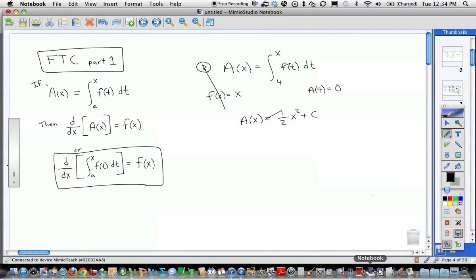You see an area function, it means antiderivative of whatever little f is in here, and this left endpoint gives you that initial condition, which of course we know helps us find what c is. So in this problem, we would plug a 4 in for x, set that equal to 0, that'd give us 8 plus c equals 0, so c equals negative 8. So our area function is 1/2 x squared minus 8. So that's how I want you to be able to look at number 2.